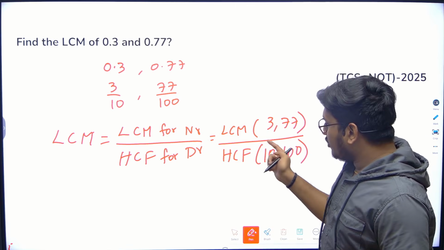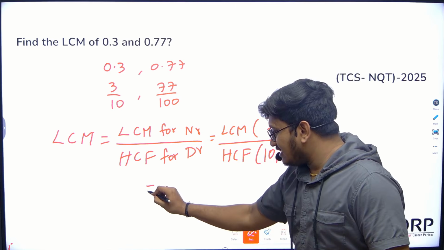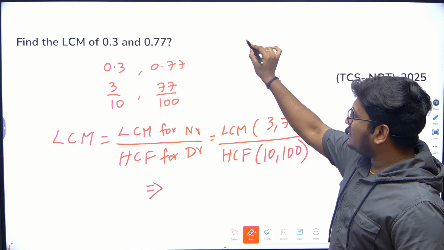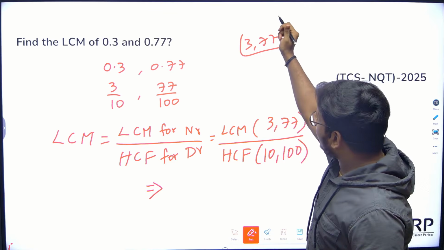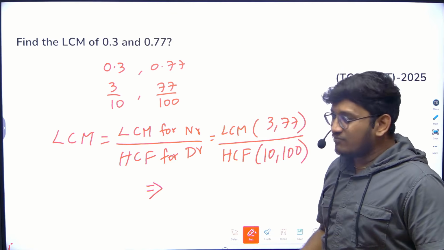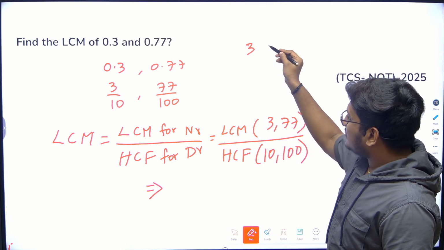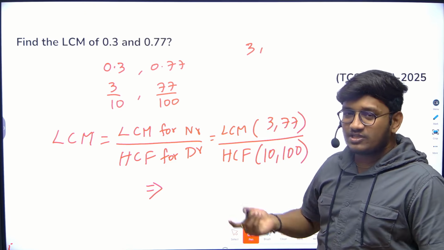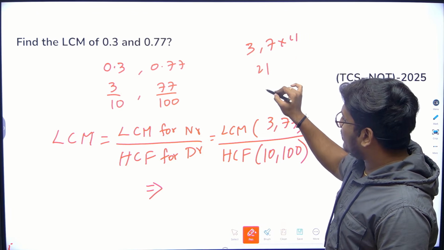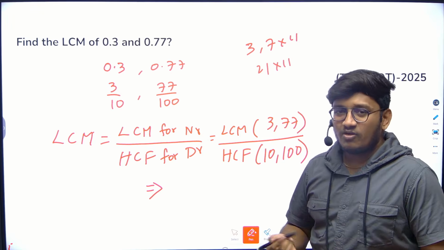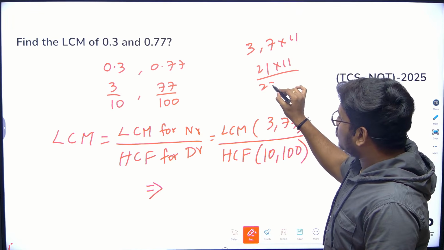Now if you observe, LCM of 3 and 77. Basically students will do 3, 77 like this, but actually there is no need to use this particular method. The simplest way: here we have 3 and 77, and I can write 77 as 11 into 7, right? So 7 into 11. 7 threes are 21, 21 into 11 is 231, right?